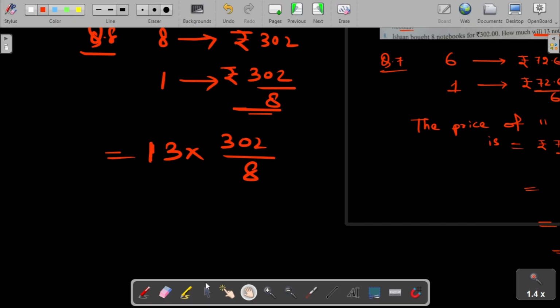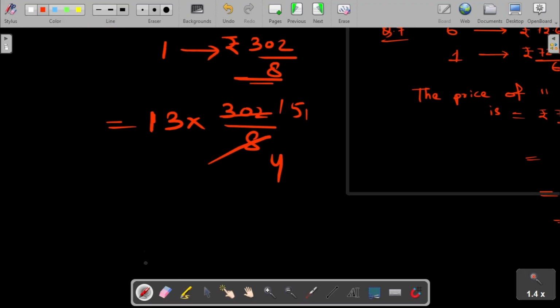Now, if I divide, firstly I divide by 2. 302 divided by 2 is 151, and 8 divided by 2 is 4.